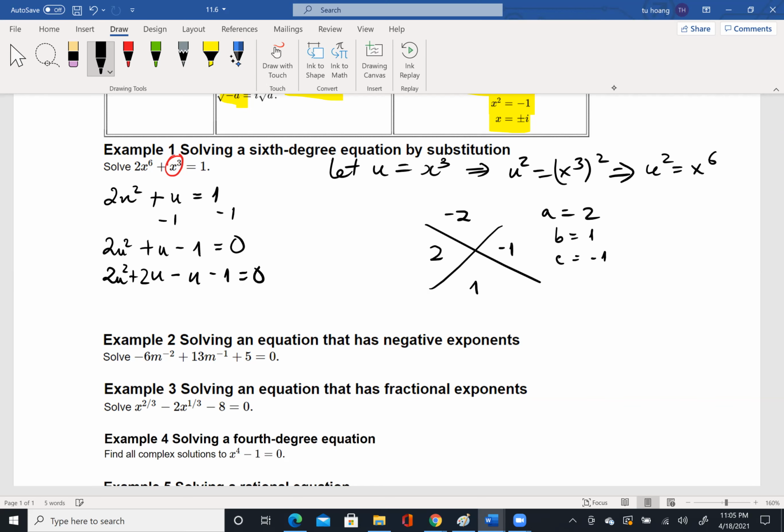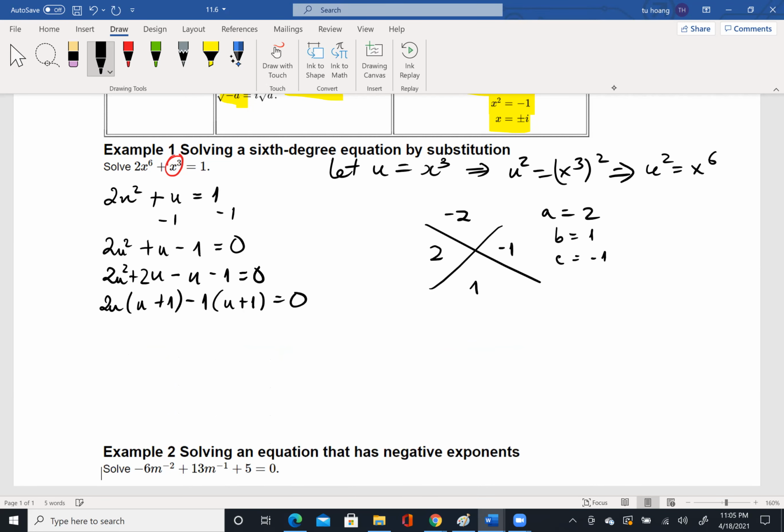Then I factor 2u and get u plus 1, and I factor negative 1 from the next two terms and have u plus 1 equals 0. Now I will have u plus 1 multiplied by 2u minus 1 equals 0.